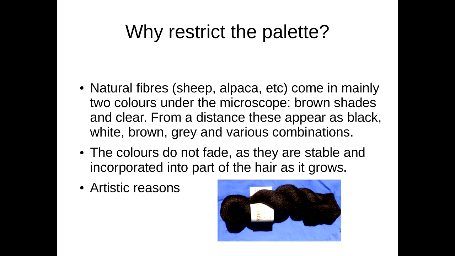It's just a natural process of adding these colours, a single brown little dot under the microscope. But once you zoom out and look en masse at a mass of fibres, it starts to take on a colour of its own. So you get these ranges of black through white, shades of grey, brown, and all sorts of various things. These colours don't fade. The colours in your clothing may fade, but the colours in your hair and in the alpacas don't fade.